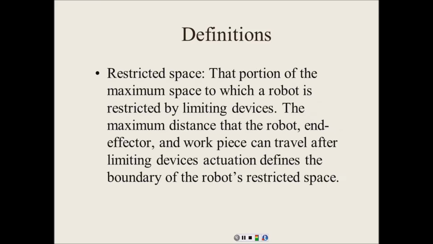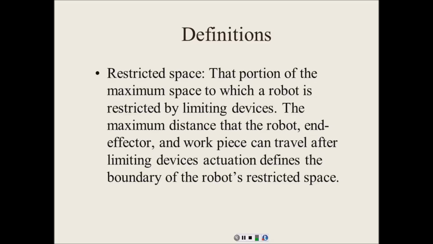Then we have what we refer to as the restricted space. So all our robots are operating within a restricted space. Even the big FANUC. We have some hard stops on the big FANUC that prevents it from running into the walls and getting into the glass over there. So these two guys are different, right?